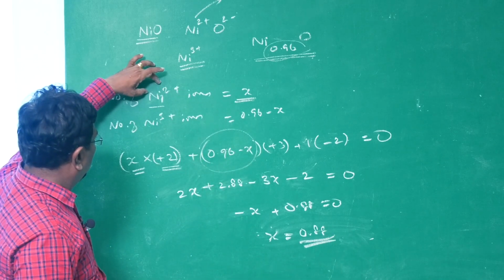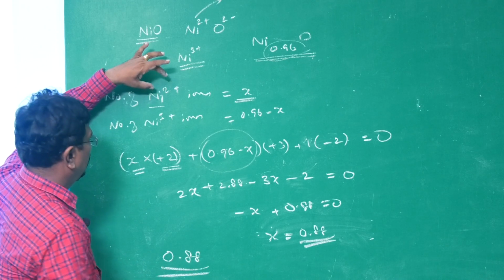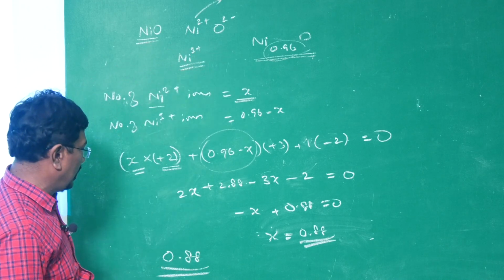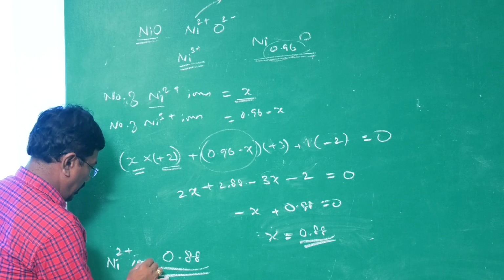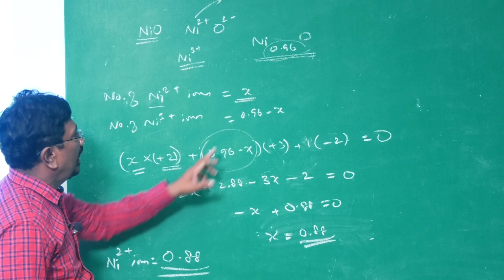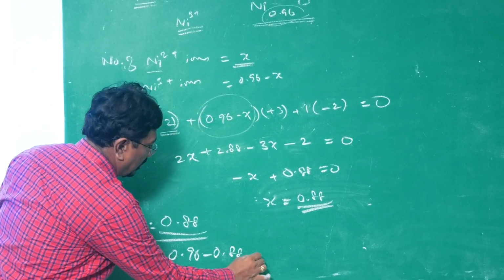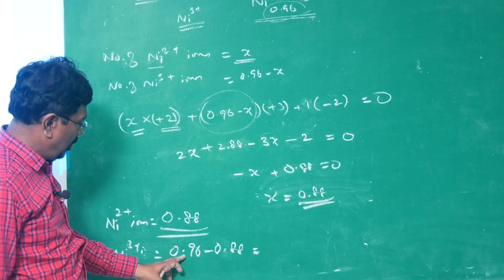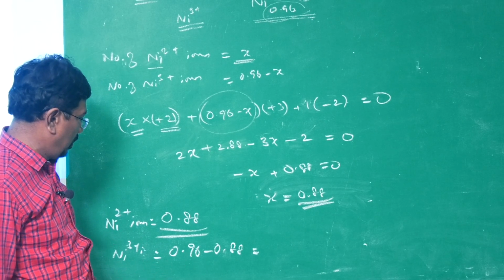So, we have Ni2+ ions to the extent of 0.88. What about Ni3+ ions? 0.96 minus 0.88, which is equal to 0.08.